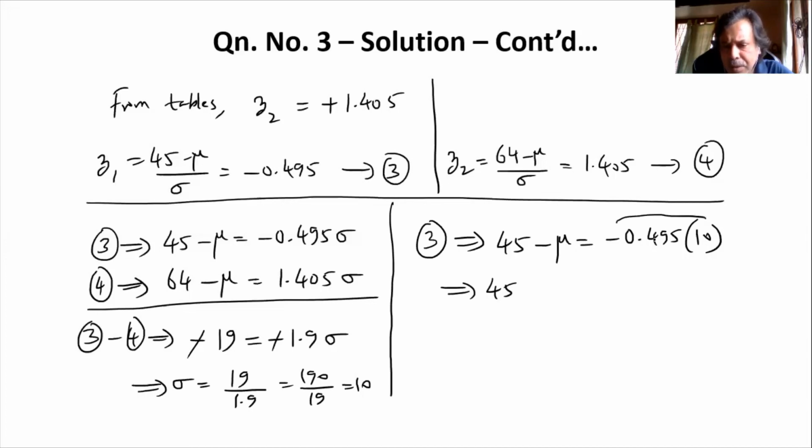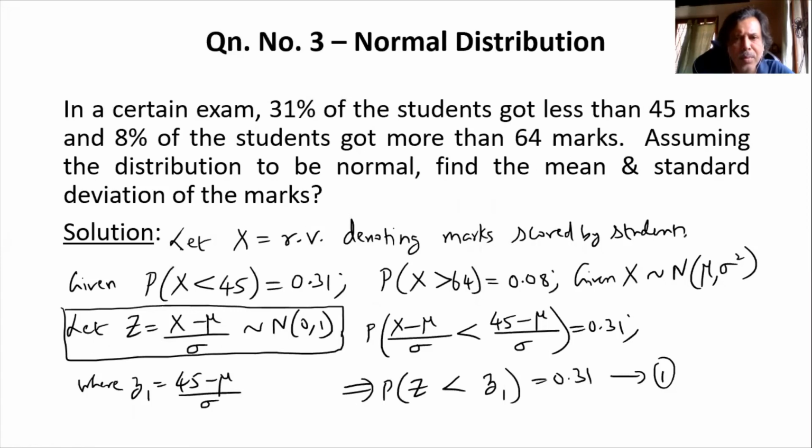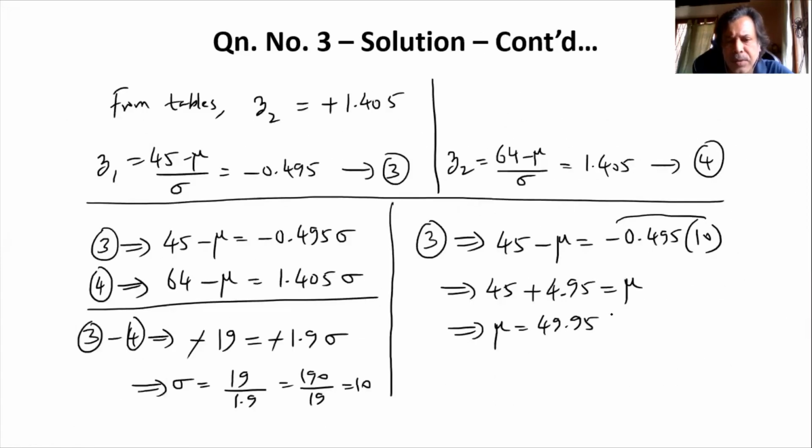If I multiply this, it will become negative 4.95. If I bring it this side, it will become plus 4.95 equal to mu. Or I can say mu is 49.95. These are related to marks, isn't it? All are related to marks. So I will round it up to 50 marks.